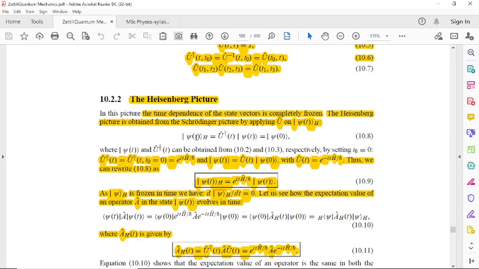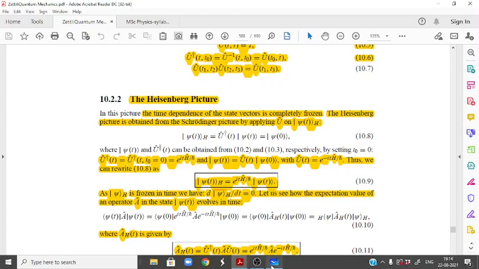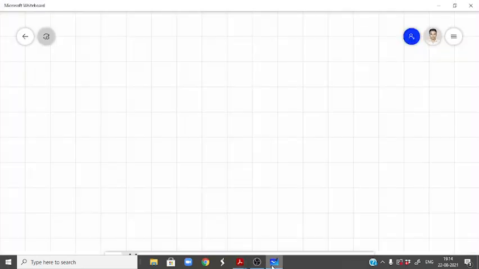This state vector in the Heisenberg picture is denoted by this subscript.